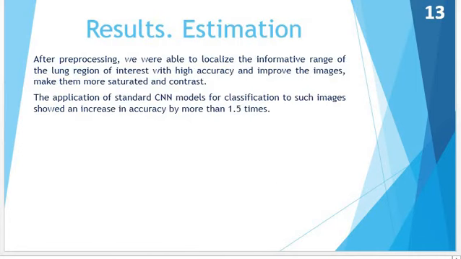After preprocessing, we were able to localize the informative range of the lungs region of interest with high accuracy and improve the images, make them more saturated and contrasting. The application of standard CNN models for classification to such images showed an increase in accuracy by more than 1.5 times.